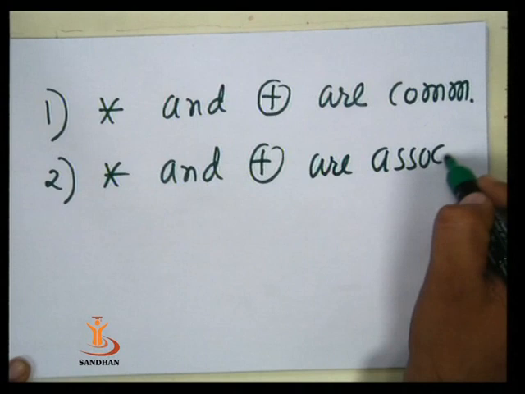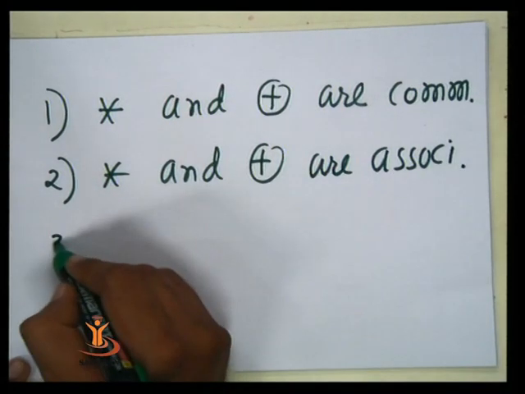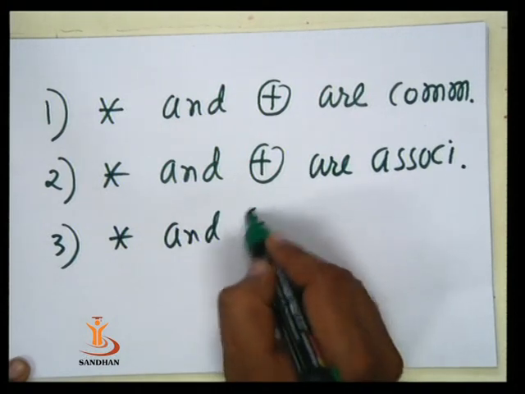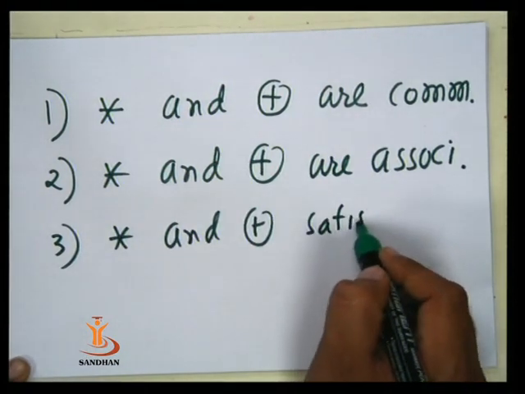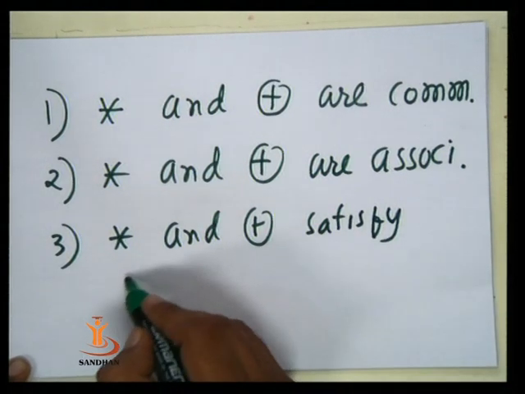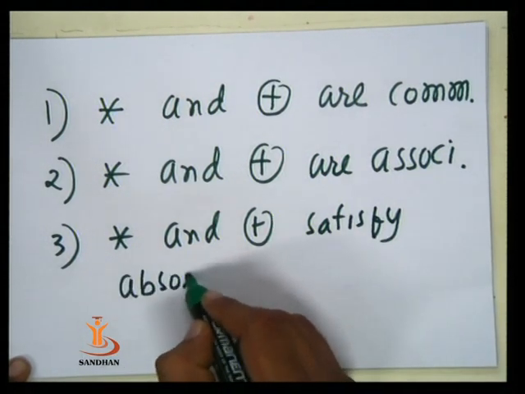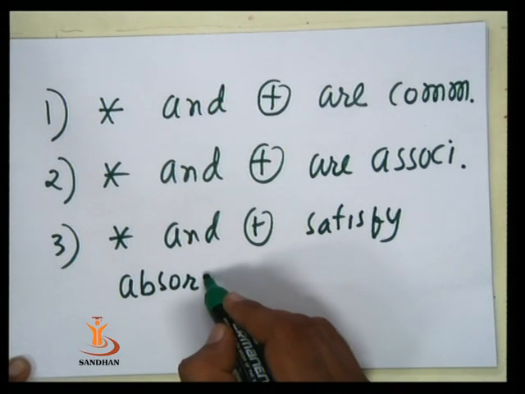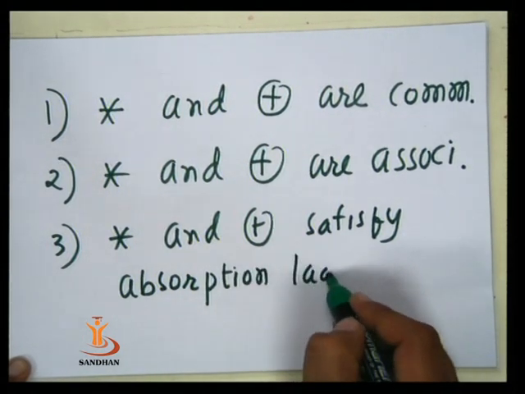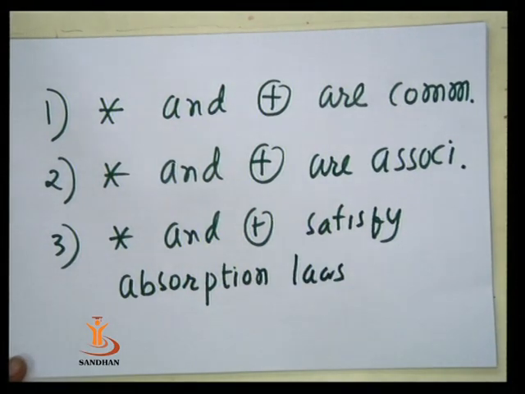The third property is that star and ring sum satisfy absorption laws, as we have already seen in our previous slide.